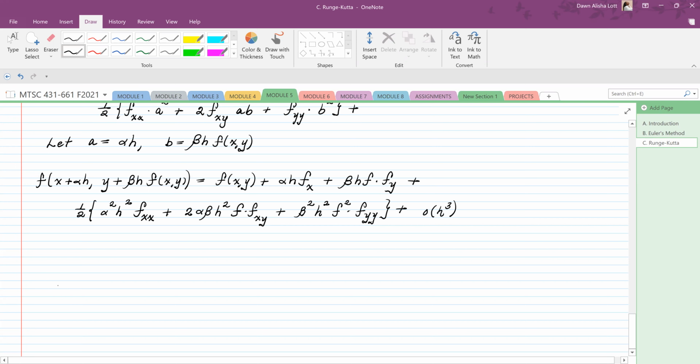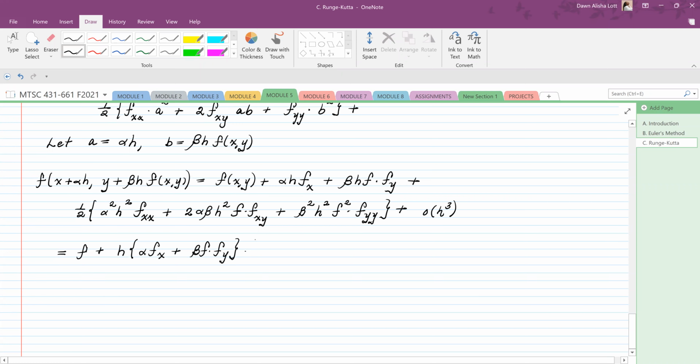Okay, so this now becomes equal to f plus, I can factor out the h and get alpha f sub x plus beta times f sub y.